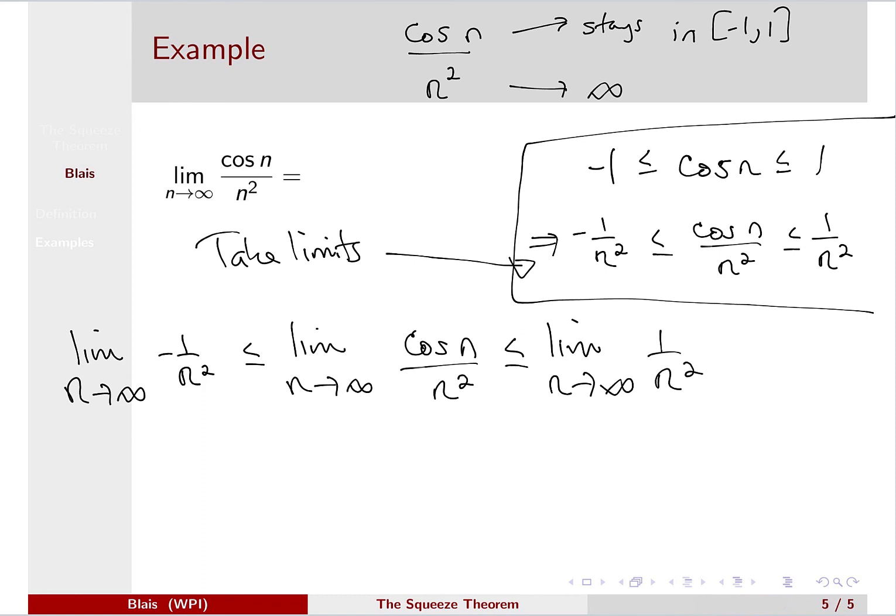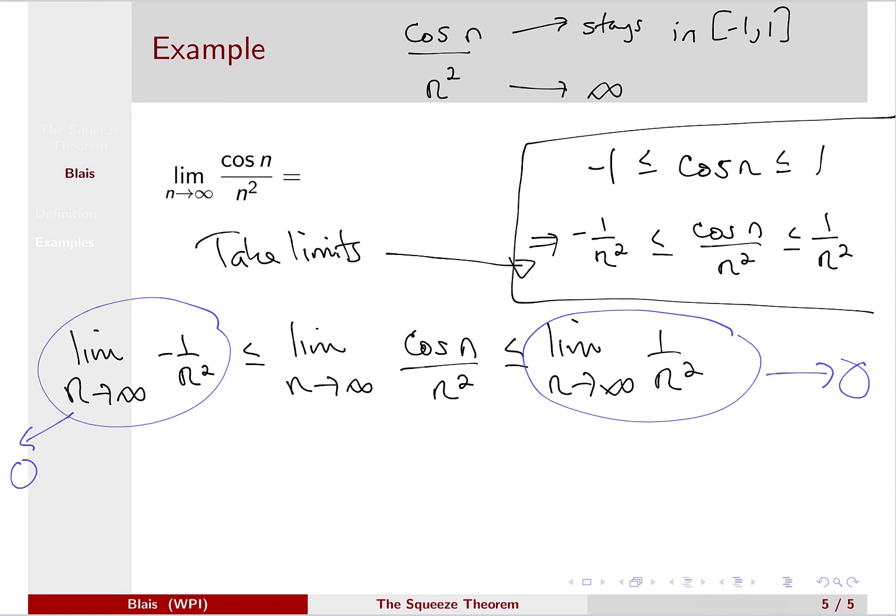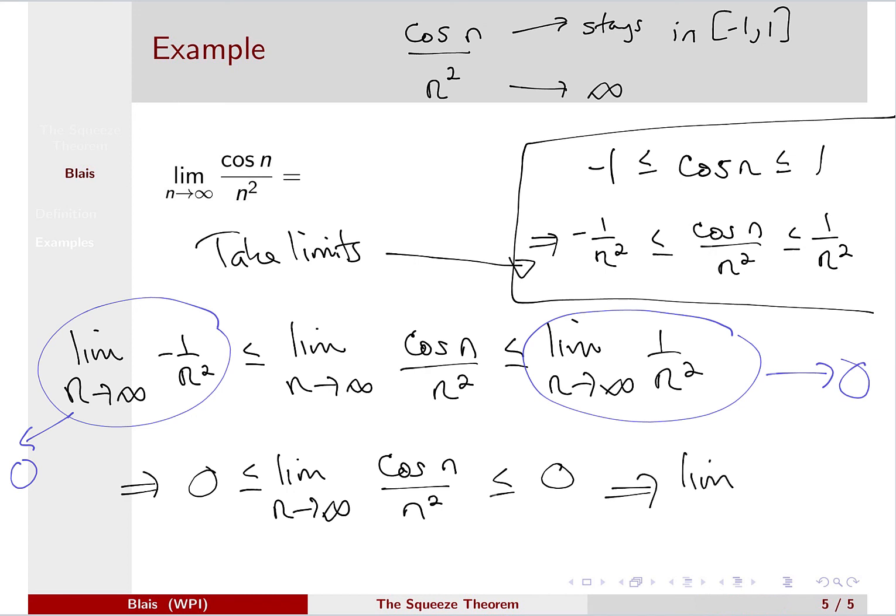And we know that each of these sequences on the right and on the left are going to 0, which tells us 0 is less than or equal to the limit as n goes to infinity of cosine of n over n squared, which is less than or equal to 0. And the only way a number can be both greater than or equal to 0 and less than or equal to 0 is if it is, in fact, 0. So we've just proved that this sequence has a limit of 0.